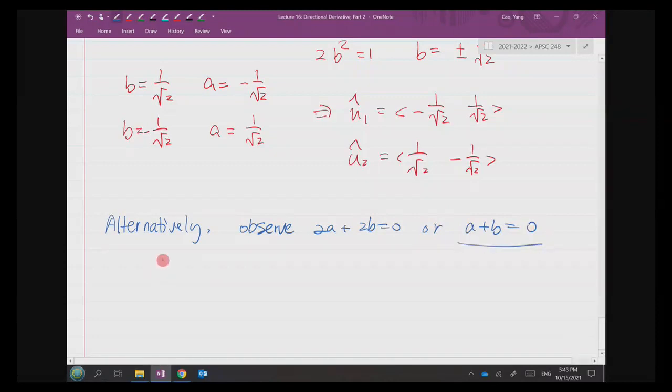You can say, how about letting a equal to 1, and then b must be negative 1. If you want to use a 2, that's fine, any number is fine. So you can get a equal to 1, b equal to negative 1, because this is a very simple relationship. But bear in mind, this is not necessarily the actual value for a and b. This is just your observation of values for a and b based on a + b equal to 0.